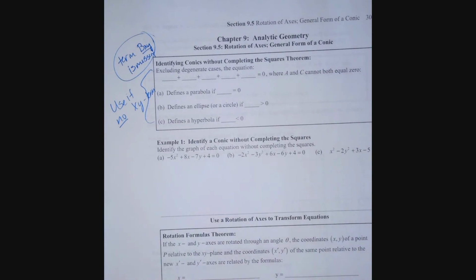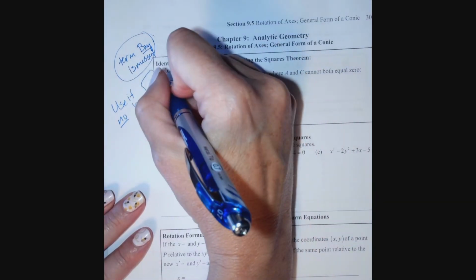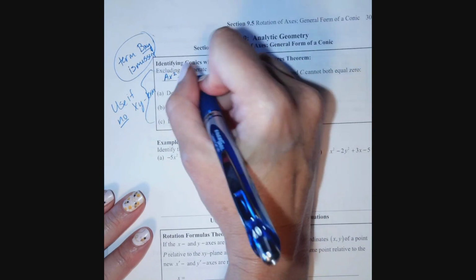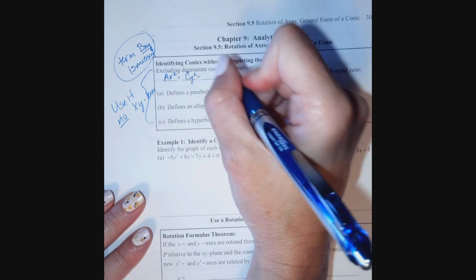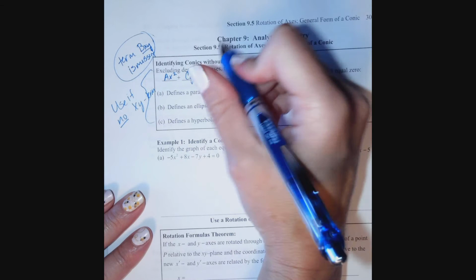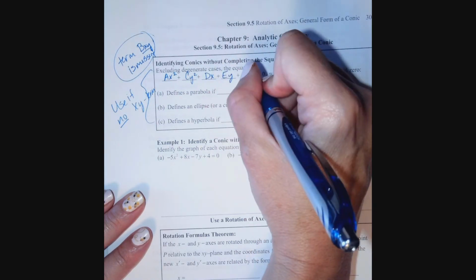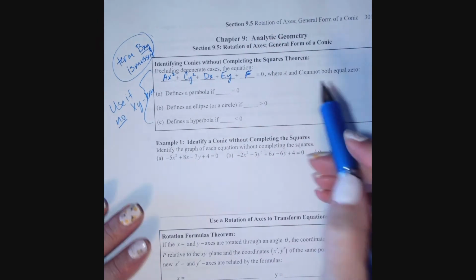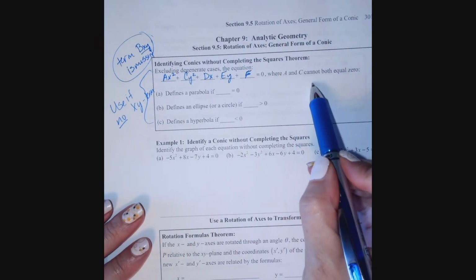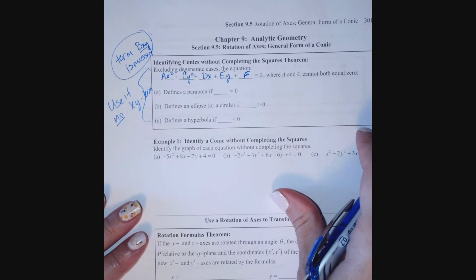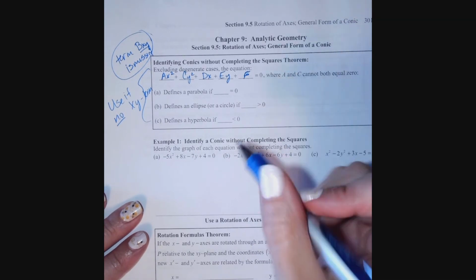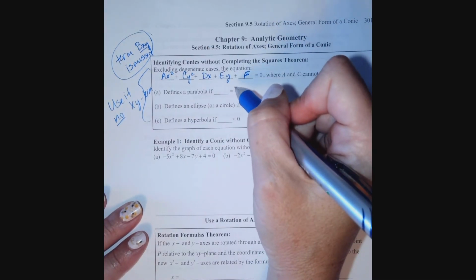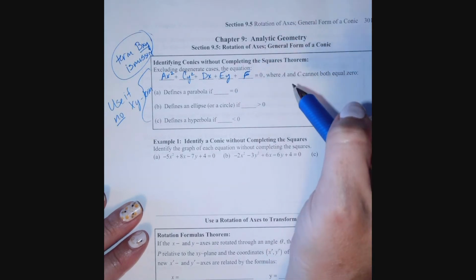And so what this looks like would be ax squared, cy squared, dx, ey, and a constant f. And this is going to work as long as a and c are not both 0. One of them can be 0, but not both. And again, I don't have my x times y term.